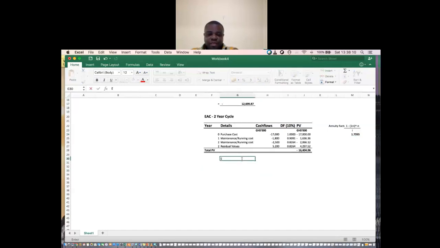So the equivalent annual cost for year 2. So 2-year cycle will be equal to the negative 16,404.96 divided by the annuity factor of that.